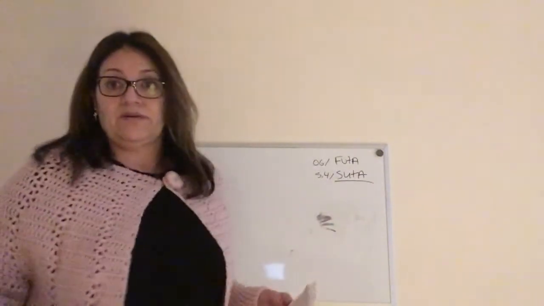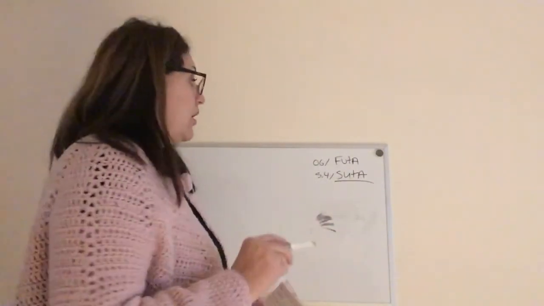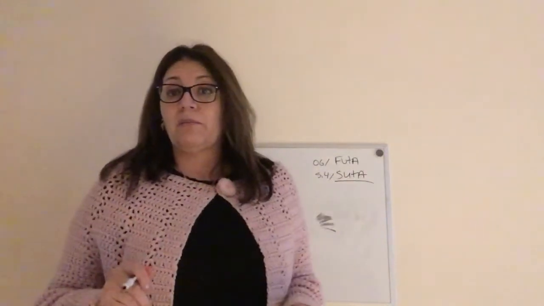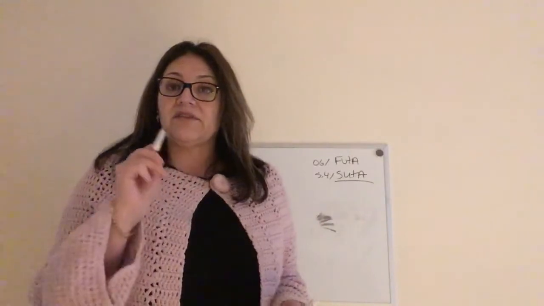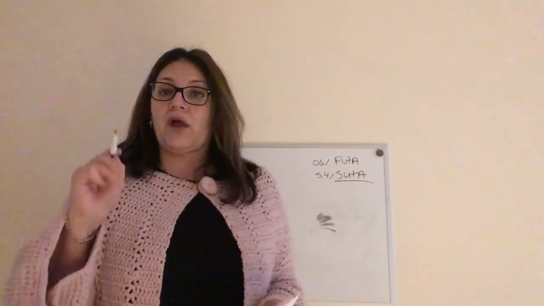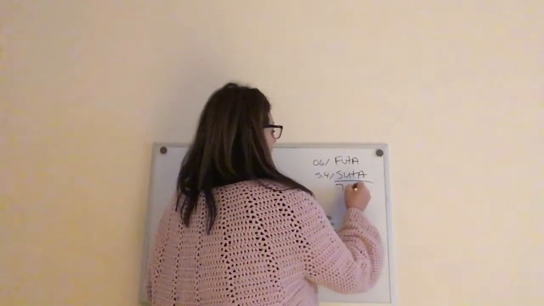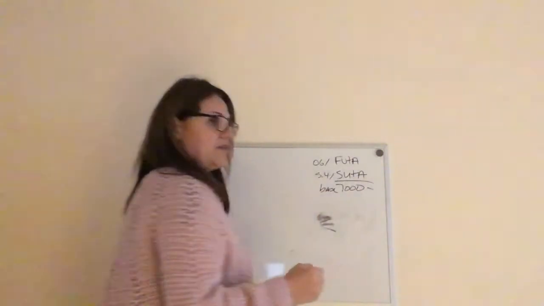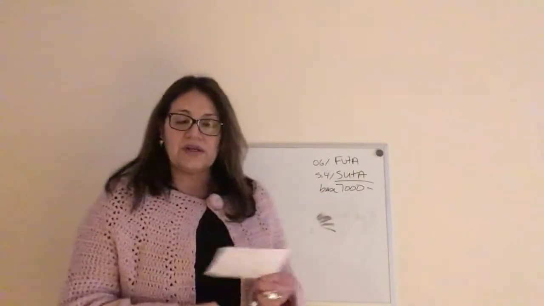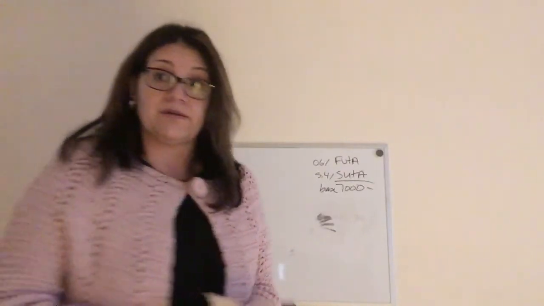is different. Now the federal says that we as employers must pay taxes on $7,000 per employee per year. This is the base, $7,000. So I'm going to give you an example of 3 employees.